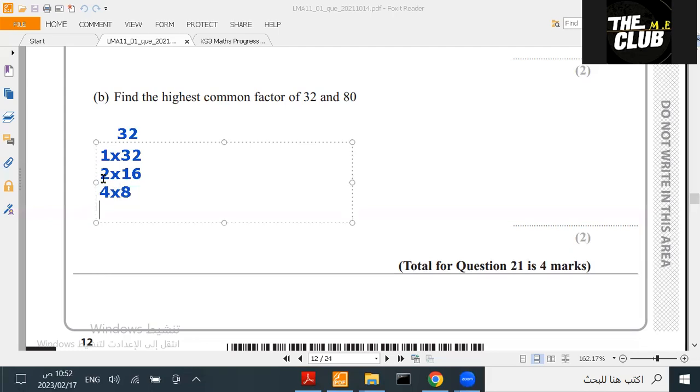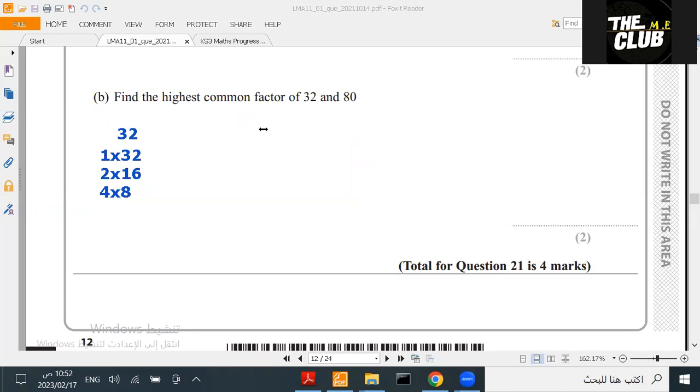Same idea, you can divide 32 by 5, it can't be done. 6 and 7 don't work either. So you can stop at 4. These are the factors of 32.